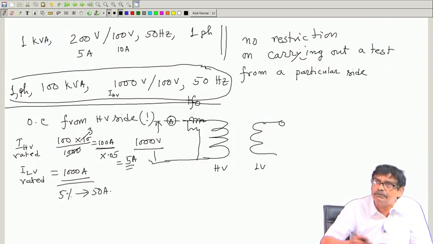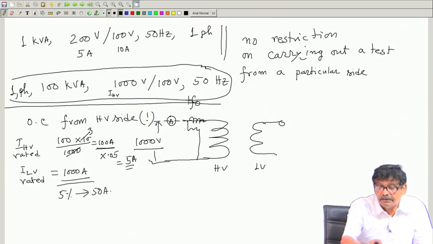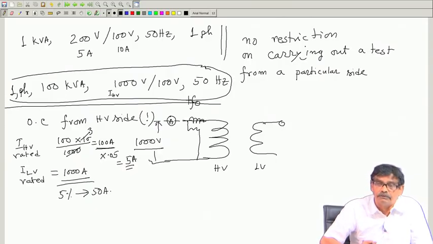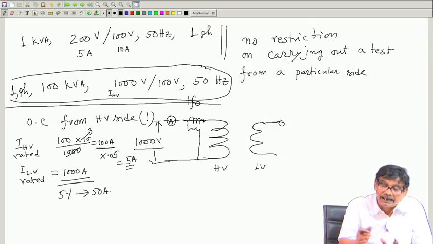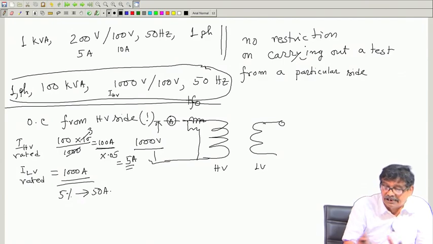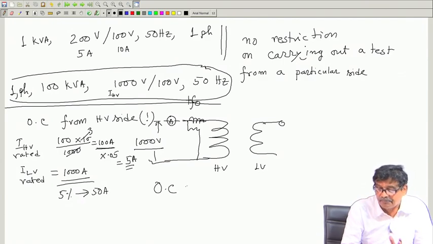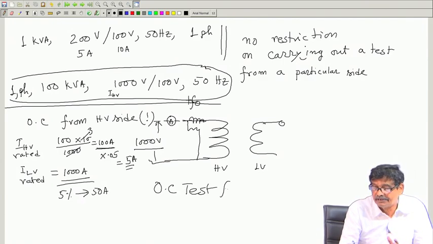Even if it is not available, I can use a CT to scale down the current. Pressure coil, no issue. Therefore, you do it on the LV side. So, for a large transformer with a very large turns ratio, high voltage really becomes an issue. So, carry out the OC test from the LV side, always the LV side.